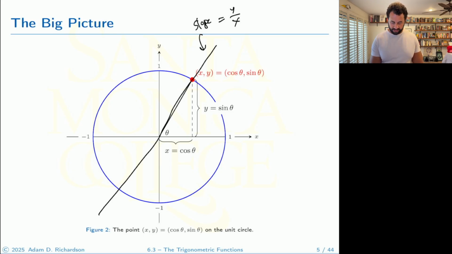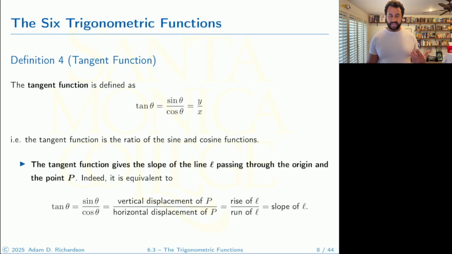If this point is y over x, well, the slope is going to be the rise over the run. But remember, y is sine of theta, and x is cosine theta. So the slope of that line is the tangent of theta. That's how we define it, all right? So whenever you think of tangent of theta, think of the slope of that line. That's it. That's going to help out a lot.